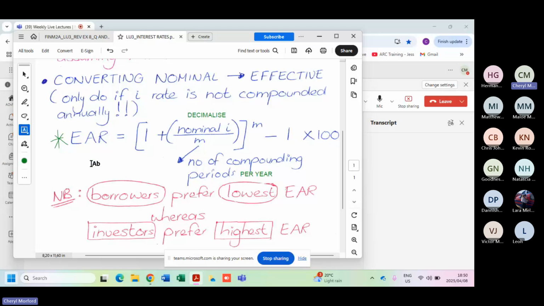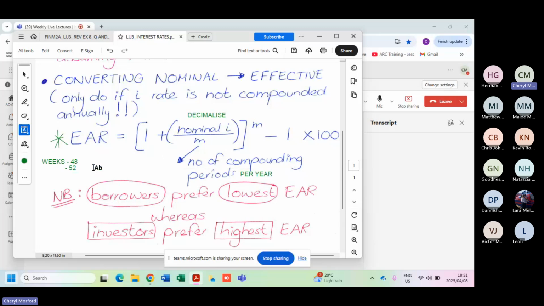So look out for the weeks. The weeks can either be 48, and there'll be 48 if it says that there are 4 weeks in a month. If it's not 48, it will be 52. If it's daily, it will be 365.